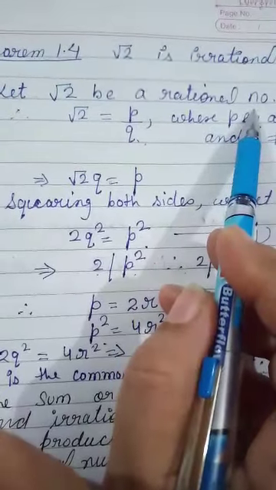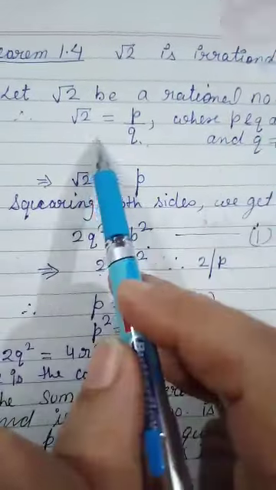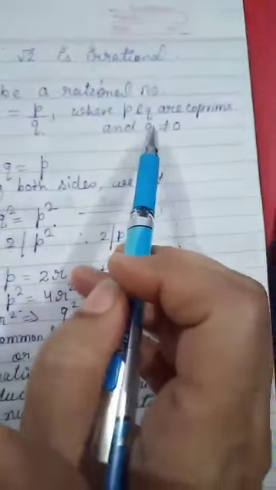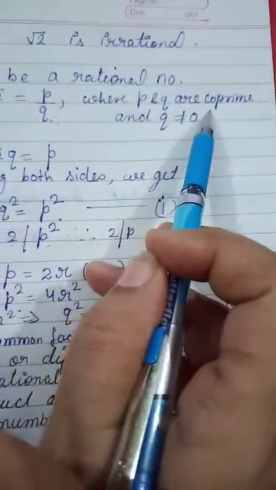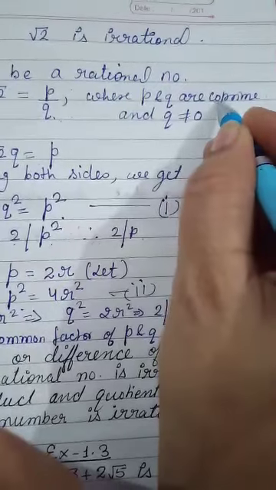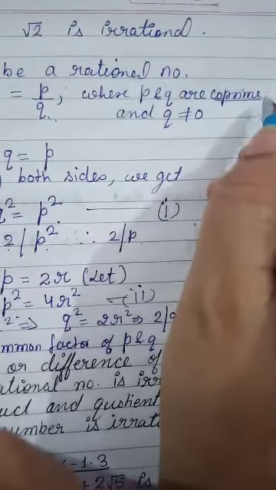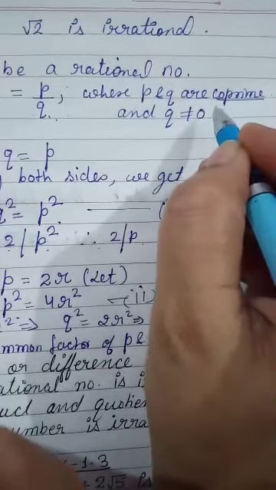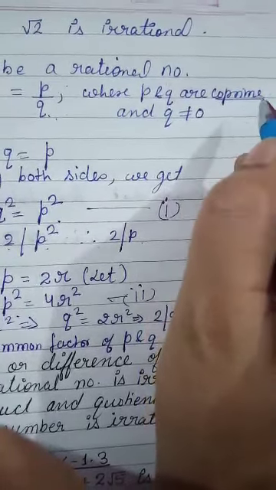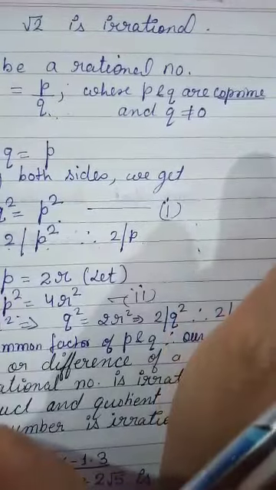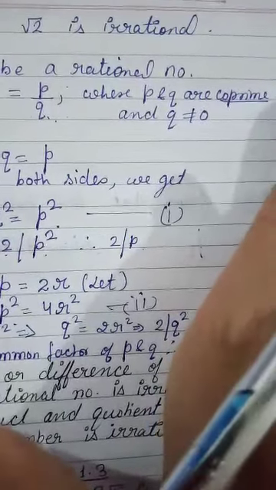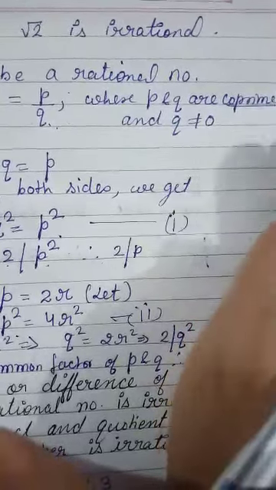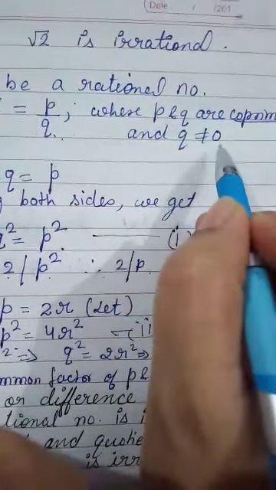And what are the rational number? By the definition we know that which can be written in the form of p upon q, where p and q are co-prime. एक बार फिर रिवाइज करा देती हूँ. What are co-prime? Co-prime numbers are those which don't have any other factor than 1. मीन्स जिनका HCF 1 होता है, जिनका 1 के अलावा कोई भी कॉमन फैक्टर नहीं होता, and q is not equal to 0.